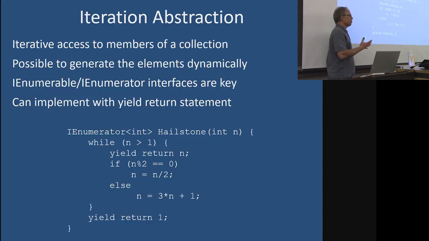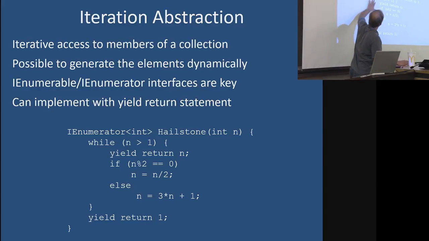But the way this is implemented, what the compiler does is it takes this code and dices and slices it and rearranges it into the implementation of a custom class that has state, that has a move next and a get current method. And then that object is consumed by the loop.